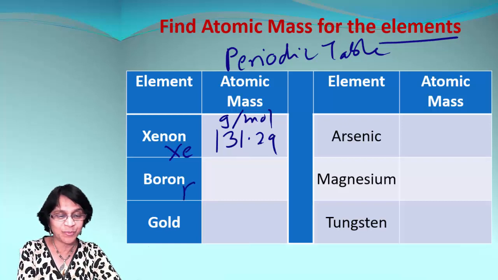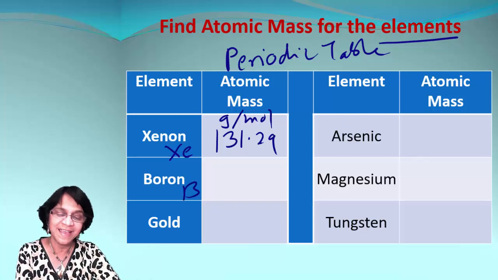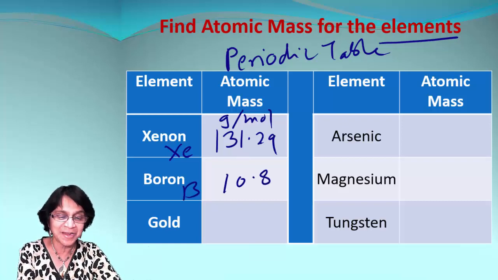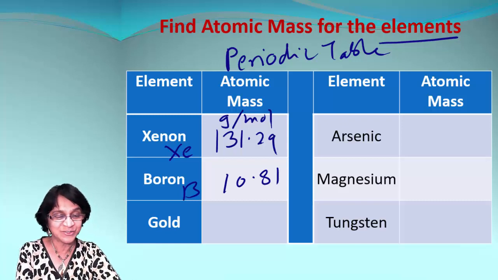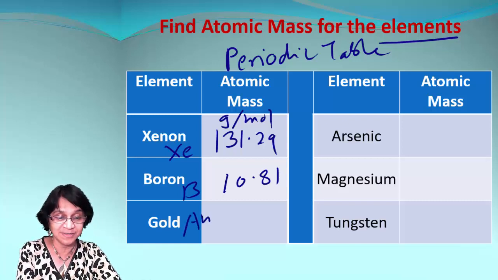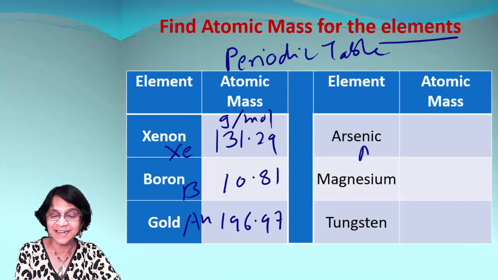Then we look for boron, which is B, and the mass was 10.81, and so on. Gold is Au, and the atomic mass of gold is 196.97. Then we look for arsenic, which is As, and that is 74.92.